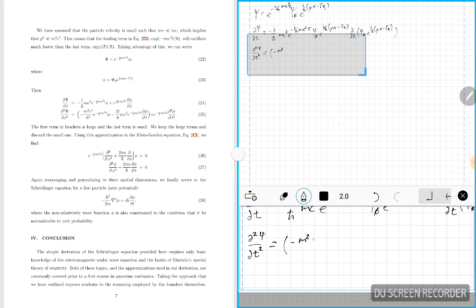We get this guy, this is our rest energy over Planck's constant squared, e to the negative i over h bar mc squared t times psi naught e to the i over h bar px minus big T, little t.